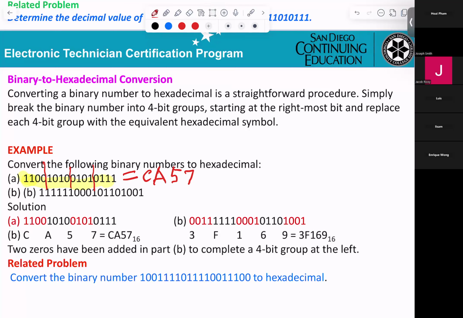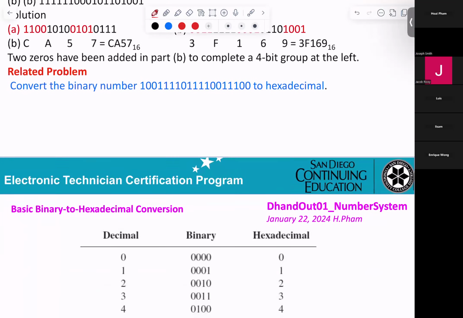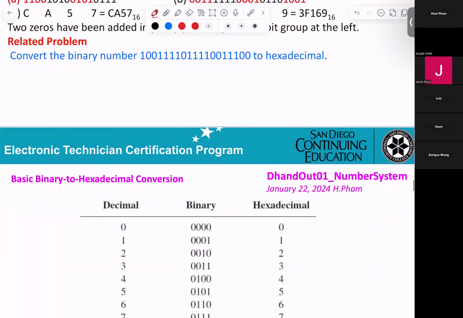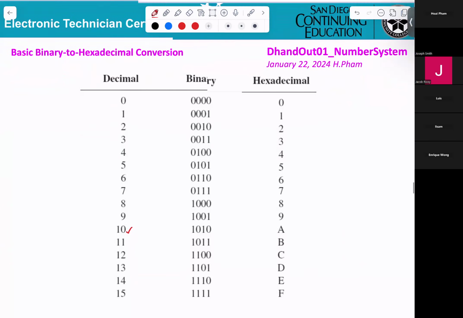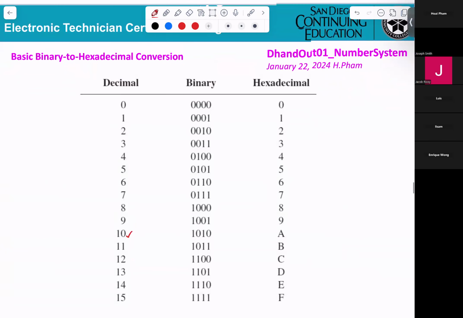Easy. Let's see, they give you a table in here. This is the table. You see that?